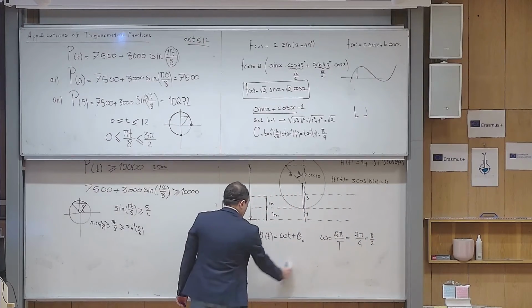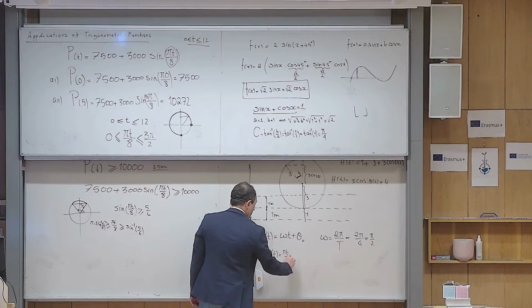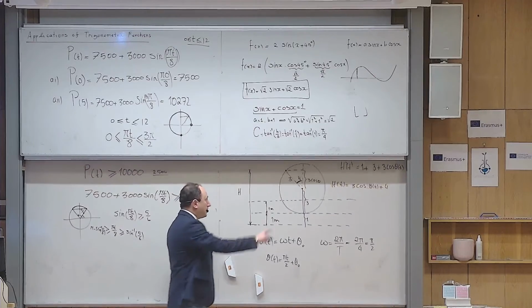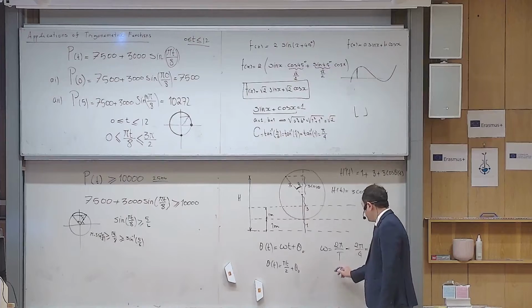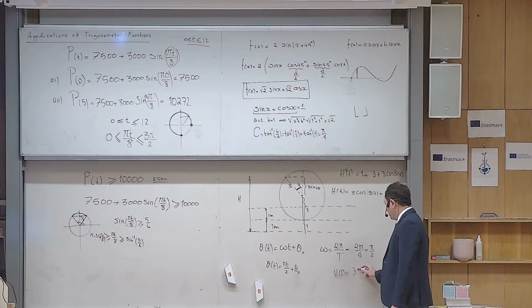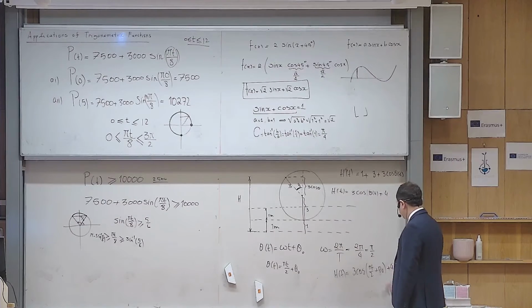So if I put it here, then theta of t is nothing except pi t over 2 plus theta 0. And then I put it back there. But then I need to find theta 0 myself. So h of t becomes equal to 3 cosine of pi t over 2 plus theta 0, plus 4.